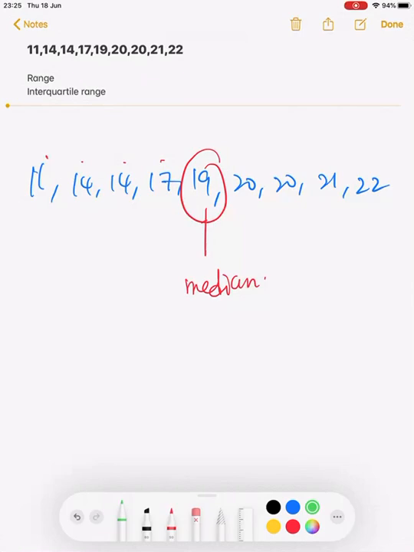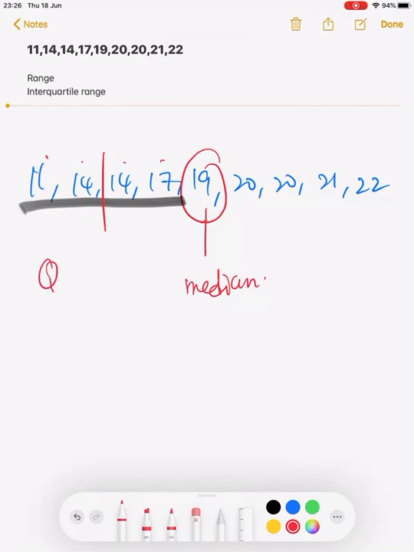Now the data on the left. What's the data in the middle position? The middle position is somewhere here. So it's the average of 14 and 14.